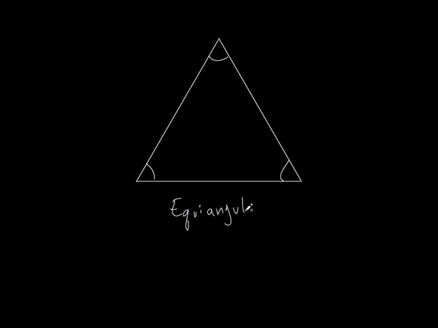Okay, so if all three angles are exactly the same, we call it an equiangular triangle. Okay? So we got four different ways to classify triangles by their angles. We have acute, obtuse, right, and equiangular. Equiangular happens to be an acute triangle, doesn't it? Because all three angles would be acute.